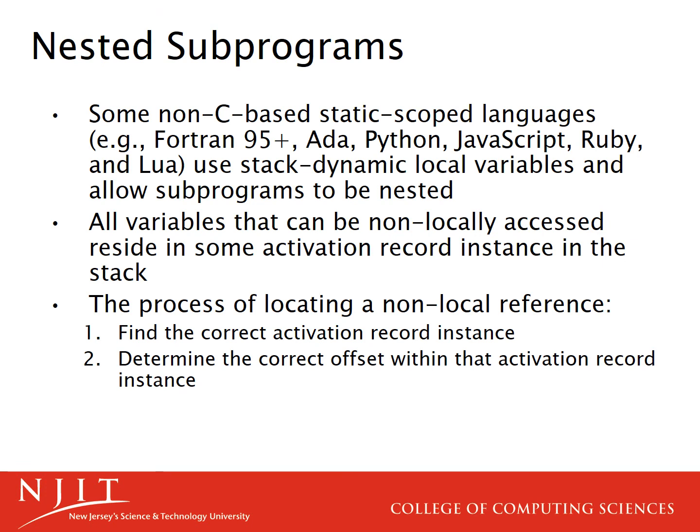Now, some languages, I'm sorry about that, not a lot, but some languages use stack dynamic local variables and allow nested subprograms. That is to say, you can declare a function inside of another function. All variables that can be non-locally accessed reside in some activation record instance in the stack.